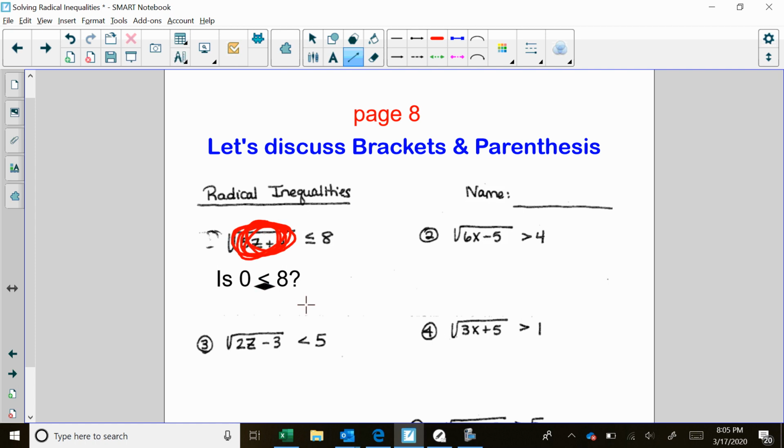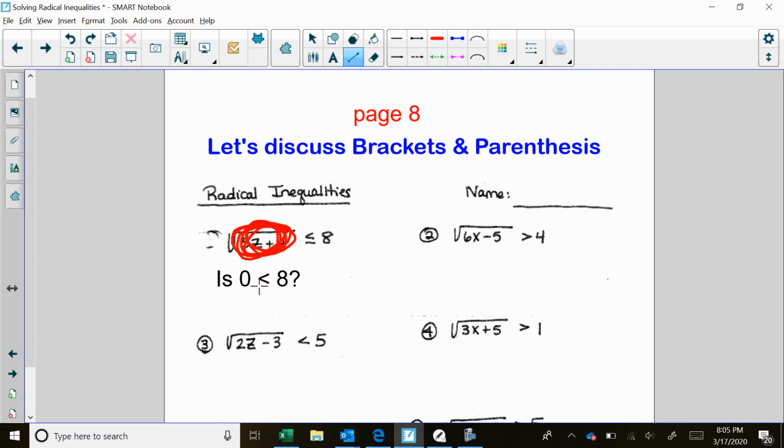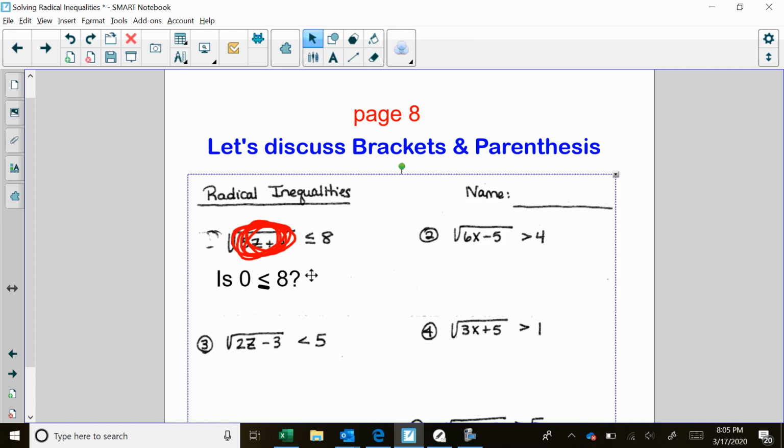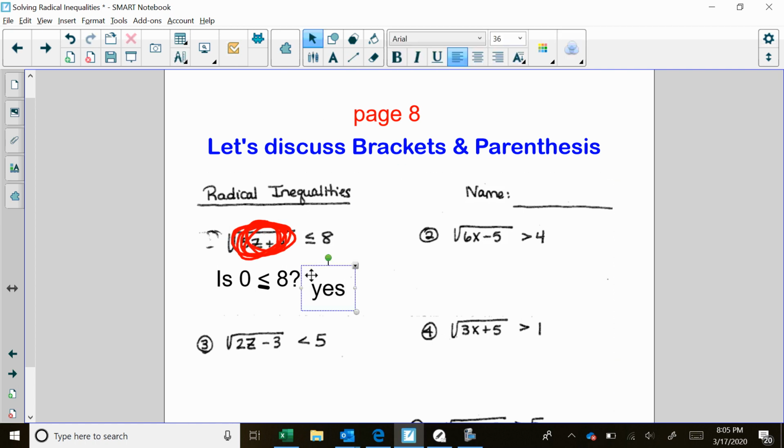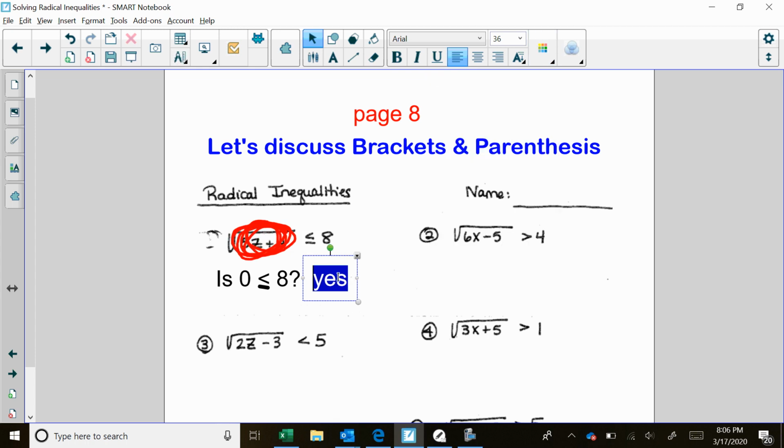So is 0 less than or equal to 8? Well, yes, it is. And what that yes is telling us is that we're going to get a bracket.